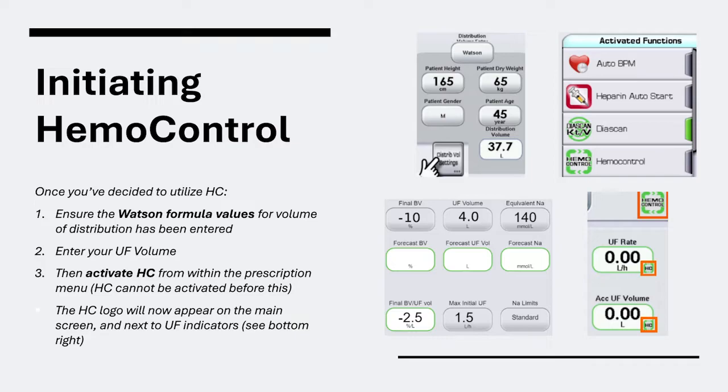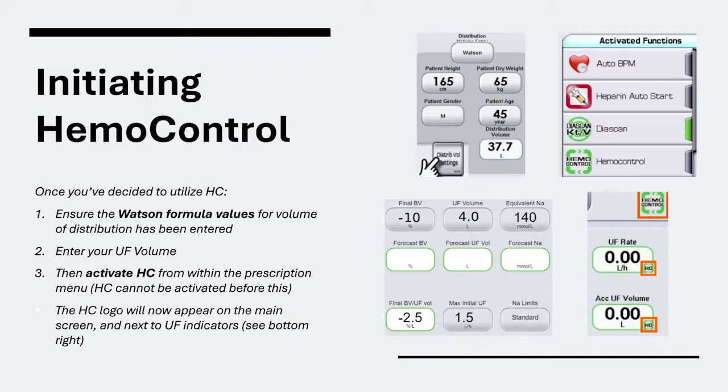There are also adjustments that can be made if your client is an amputee, so that's something for consideration. Once those have been appropriately entered and you've entered a UF volume, you can then activate HemoControl. You do that from within the prescription menu by clicking on HemoControl and then activate.